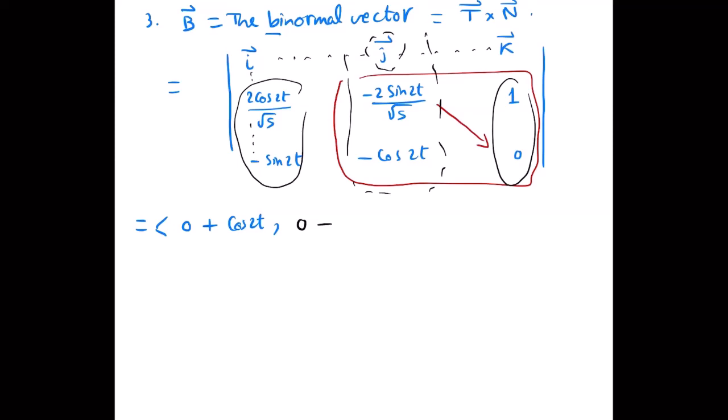Sorry, again, we have the plus, minus, plus rule of signs in determinants. This is the 0. This is the main diagonal minus the other diagonal. So the plus sign to the J component.